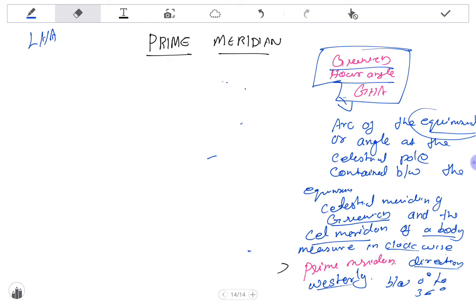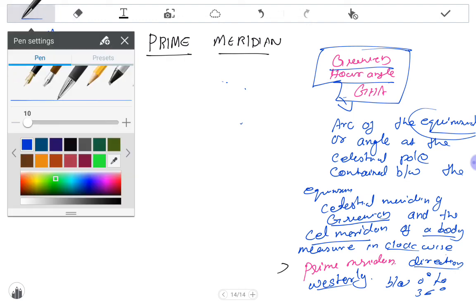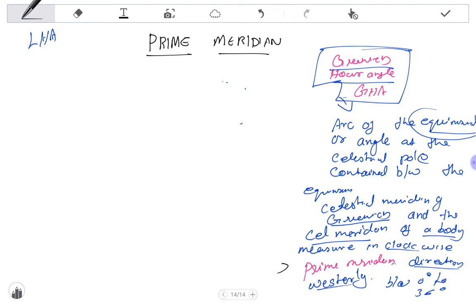In this LHA, the measurement and the wordings are all similar. The only difference is that in the GHA we start measuring from the Greenwich meridian, whereas in LHA we take the measurement from the observer's meridian.